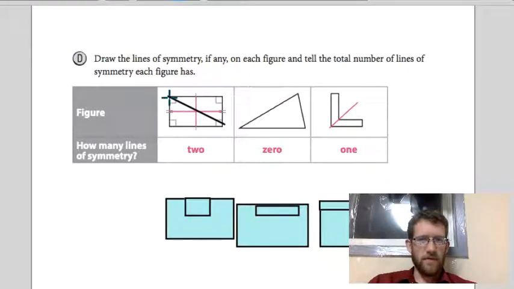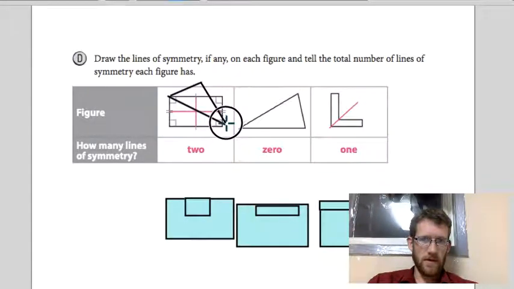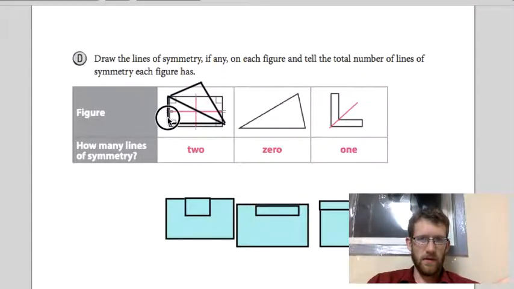As it turns out, if I were to reflect this, it would look something like this. The short end of the rectangle is here, the long end of the rectangle is here. So if I were to reflect it, you see how this is like a reflection here? I've reflected that over.